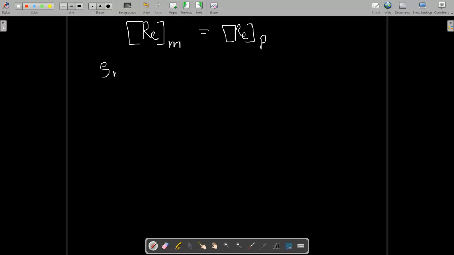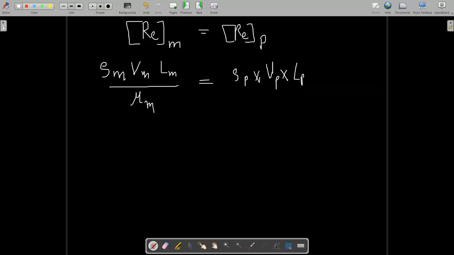Rho of model, velocity of model, length dimension of model upon viscosity of model is equal to rho of prototype, density of prototype, velocity of prototype, length dimension upon fluid medium's viscosity. Now it is given that ratio of length of model, or you can say the scale ratio, that is Lm by Lp, that is 1 by 20.